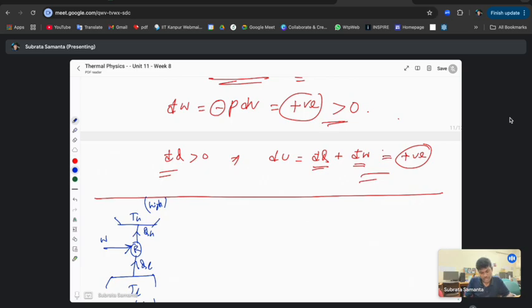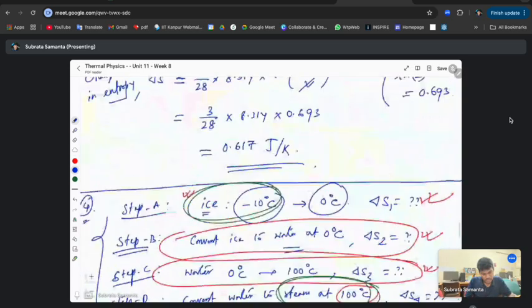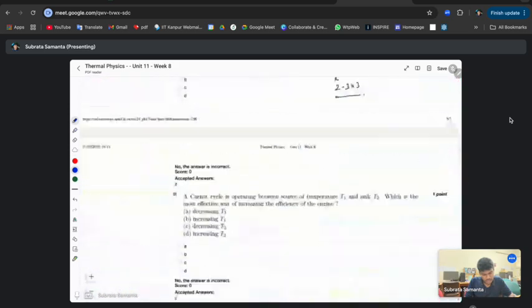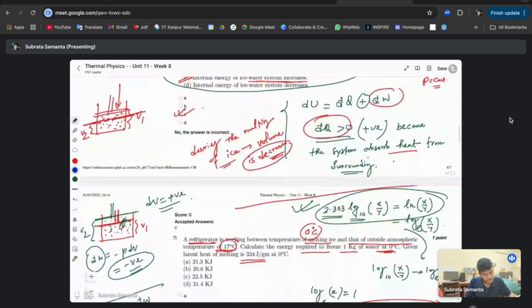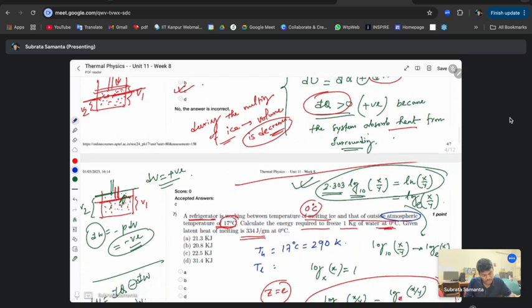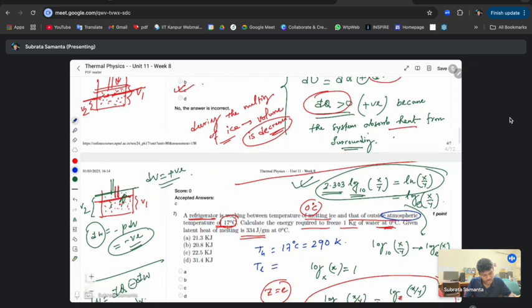So what is your TH? TH is the outside atmospheric temperature, that means the high temperature, so this is 70 degrees centigrade. So TH is 17 degrees centigrade, which is equal to 290 Kelvin. And your TL is the low temperature one, 0 degrees centigrade, so it's 273 Kelvin.